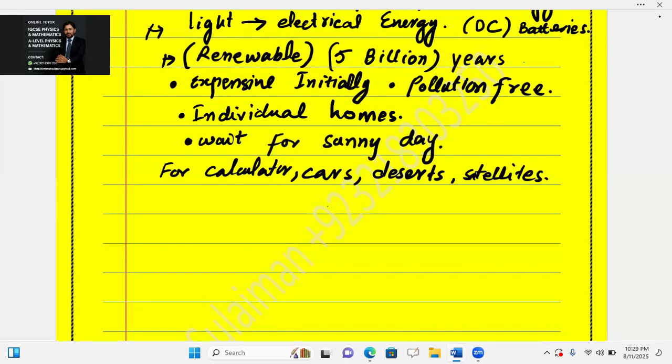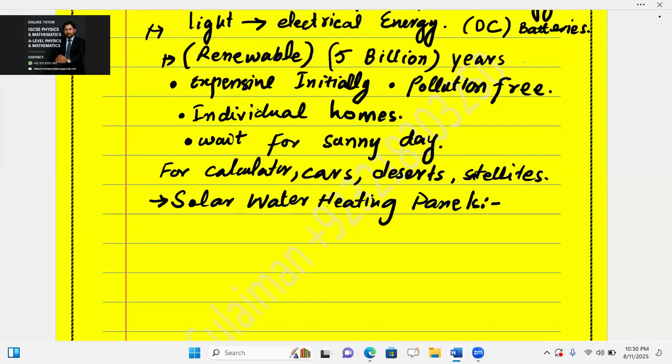Solar heating systems are also available, and no complex mechanical equipment is required for them. Solar water heating panels are simpler than solar cells.